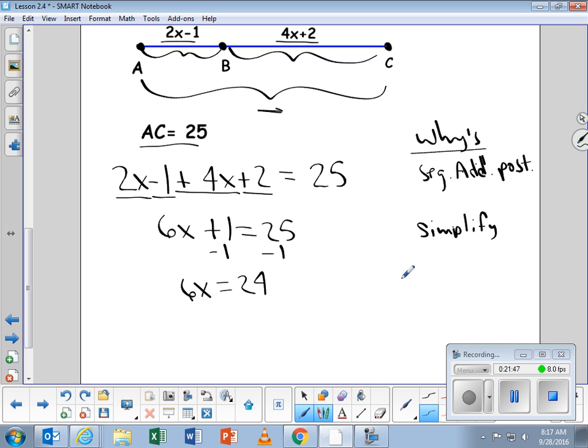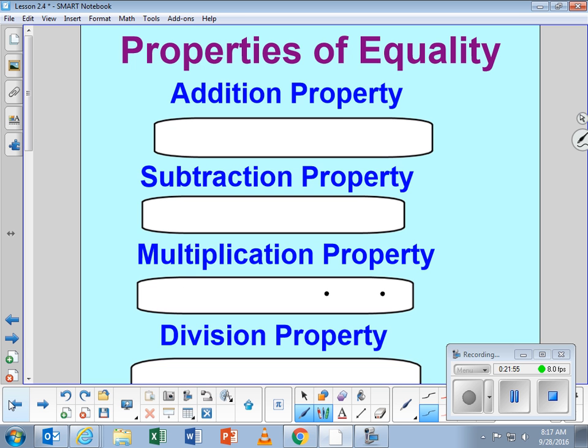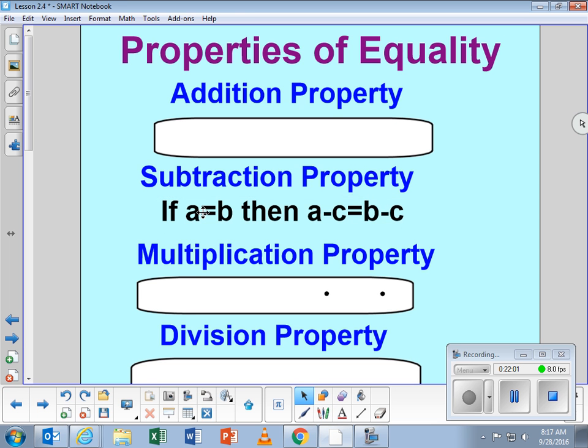Why am I allowed to do that? Which one of these applies? Subtraction property. The subtraction property, right? It says if I have two statements equal, I can subtract C from both sides. Okay?